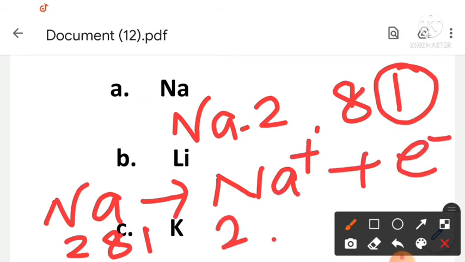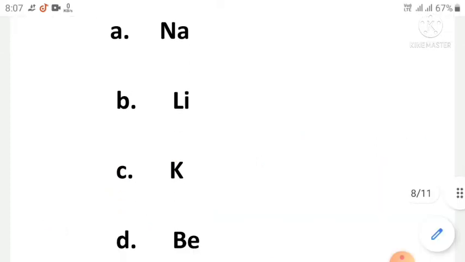Now the electron count is 10 and it becomes a sodium ion. So in this way we derive the losing of electrons. Here 1 electron is lost by sodium. In this way we derive the others and then calculate the correct answer.